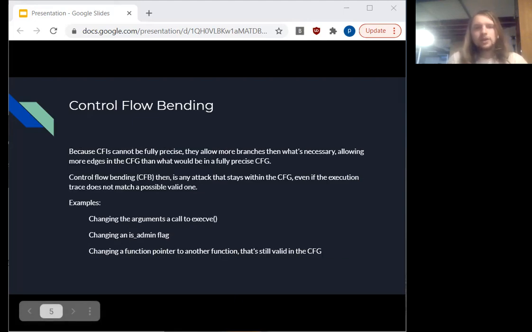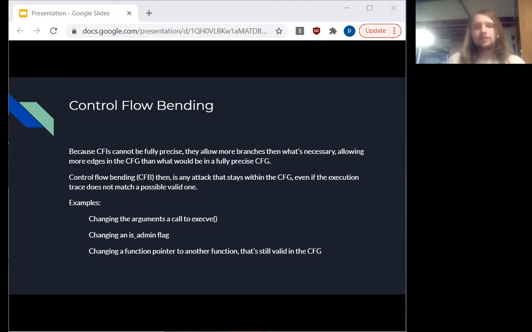And so the particular kind of attack where we still follow the CFG, and so we do not violate the integrity of CFI, is known as control flow bending.